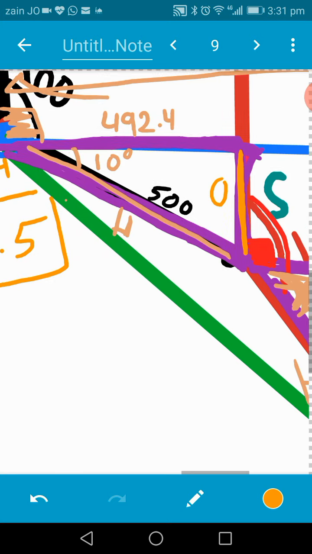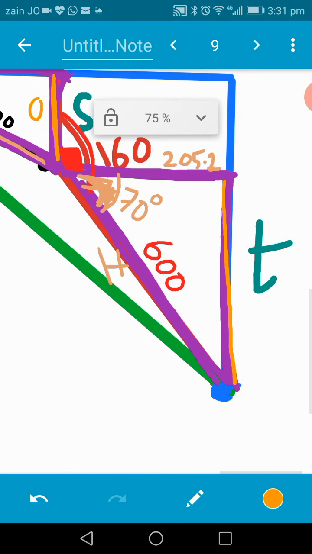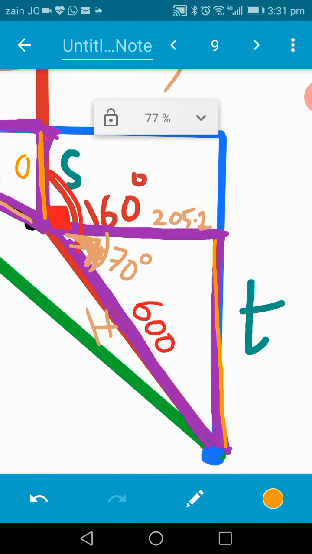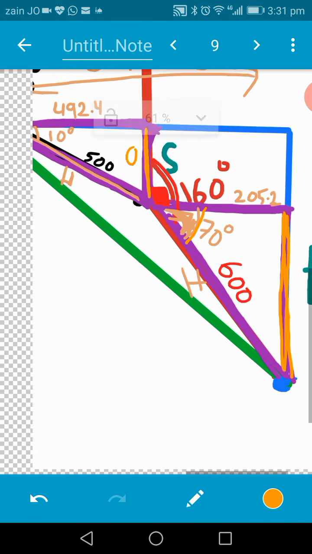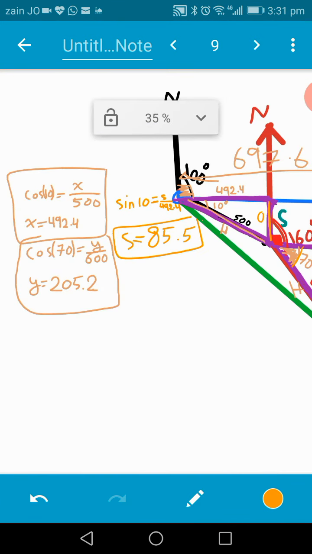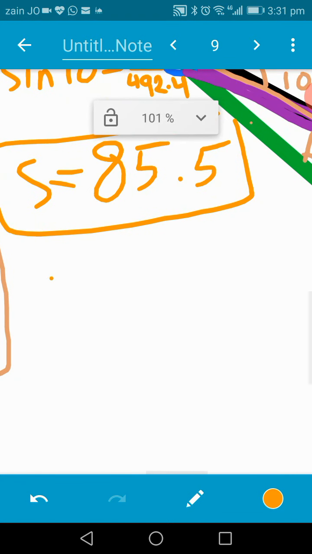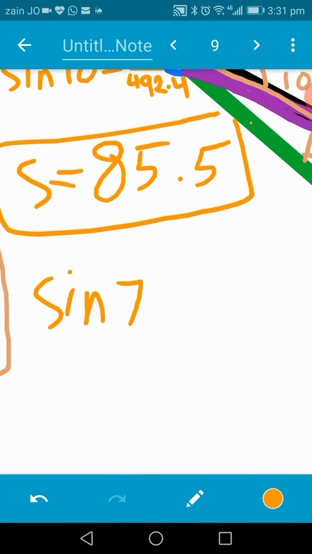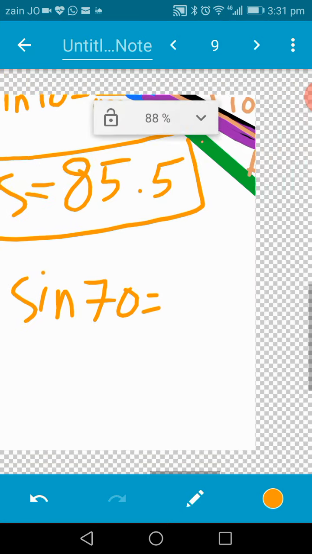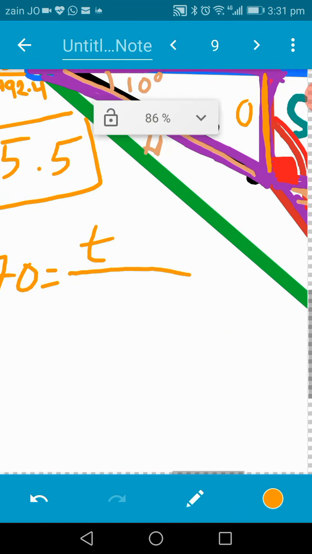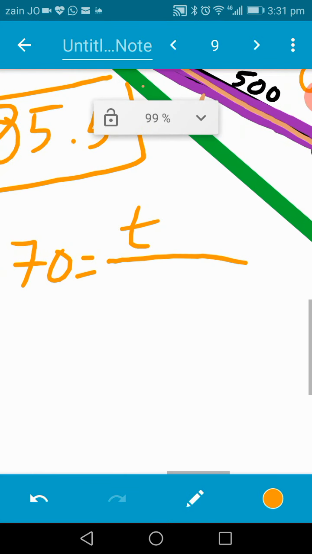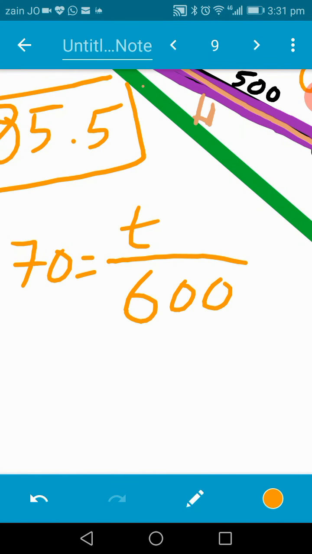Now I'm going to find T. Now take this triangle and also use sine, because this is T, here T. And you have the angle 70. This is opposite with 600 hypotenuse. So also use sine 70 equals the opposite, which is T, over the hypotenuse, 600.